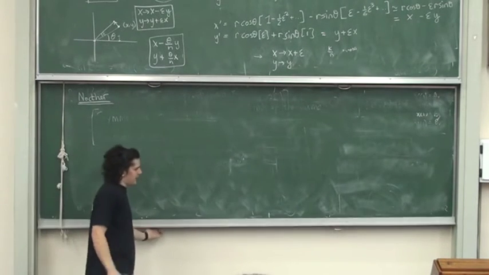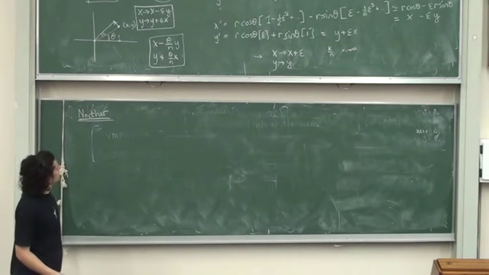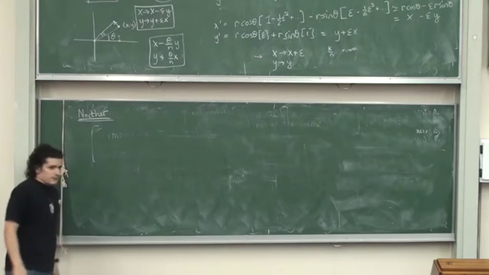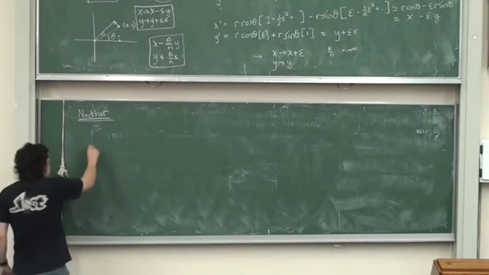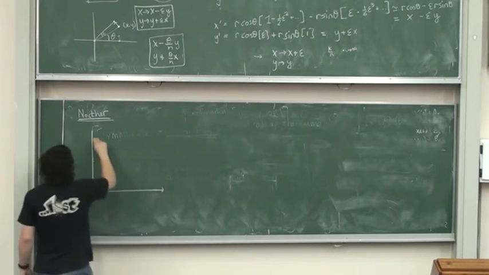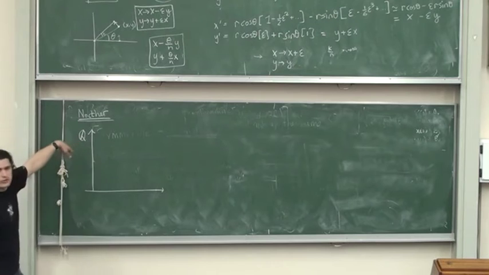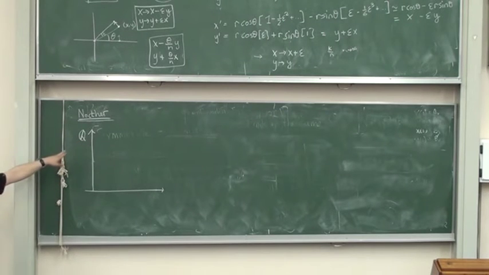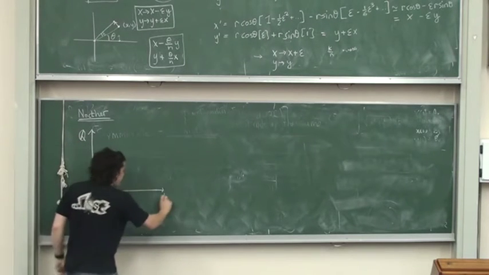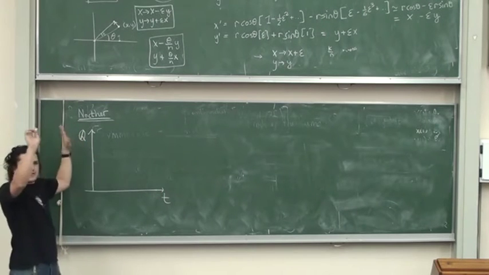So let's analyze the notion of Noether's theorem. I'm going to draw a picture to begin with. Let's say this is all my coordinates q's, a manifold containing my q1 to qn. And let's say this axis is time. So this axis really is one-dimensional. This axis you can think of as a many-dimensional thing.